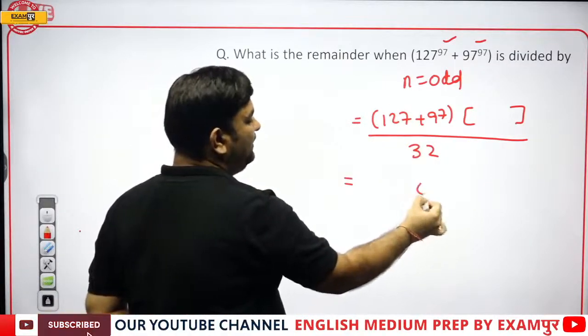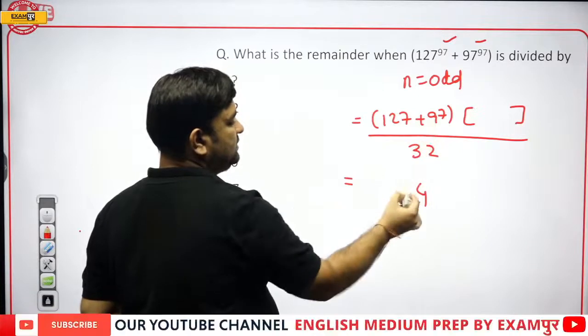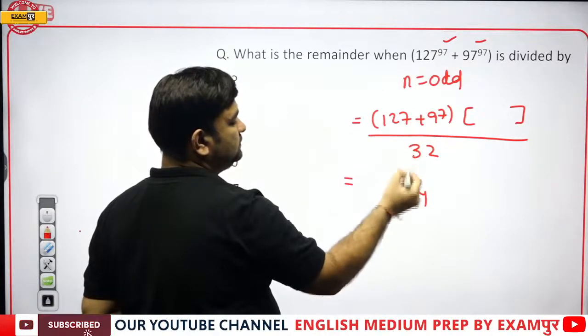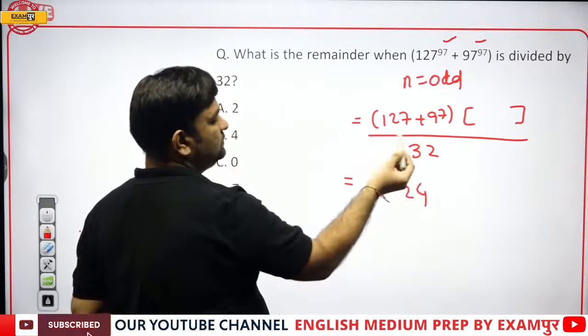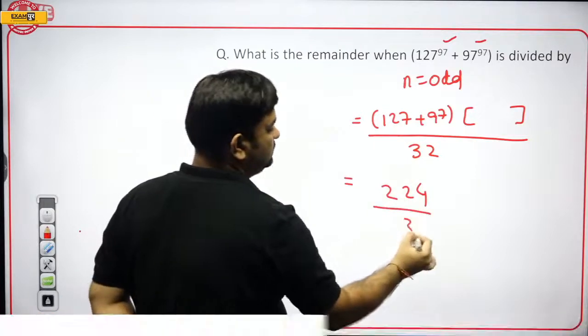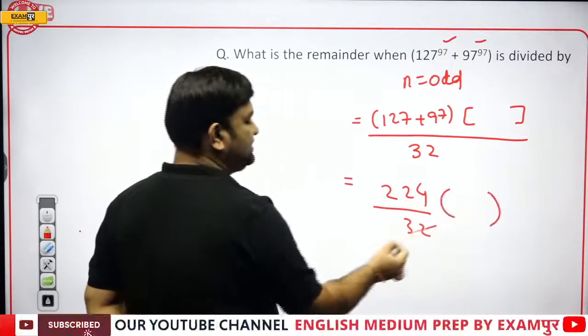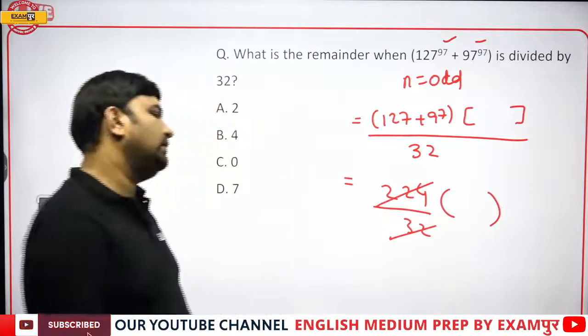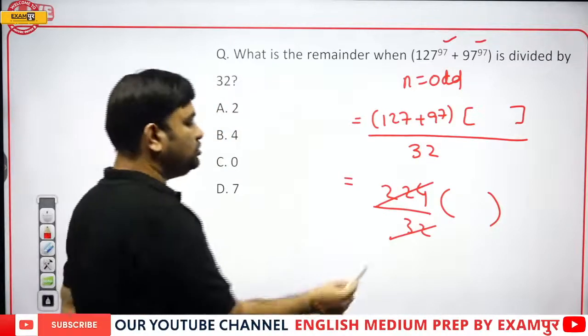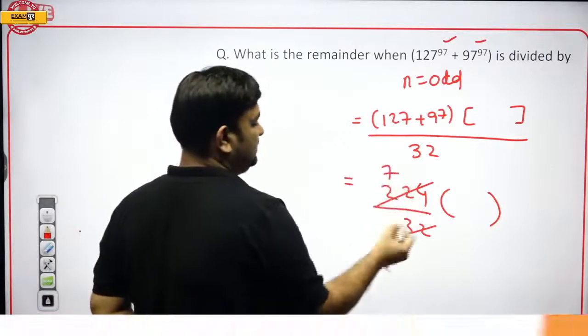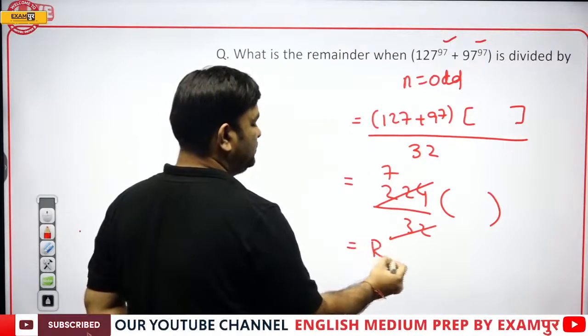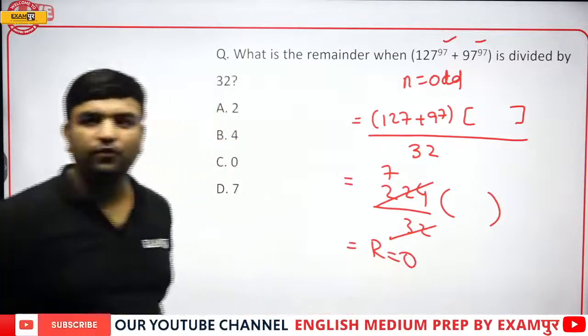If you don't believe, check it. It's getting out 7 times, so remainder of 0.